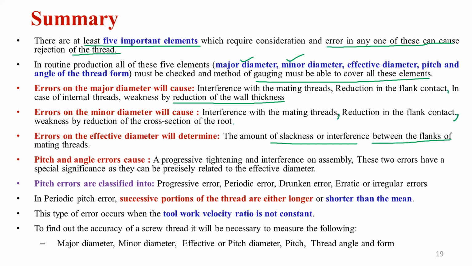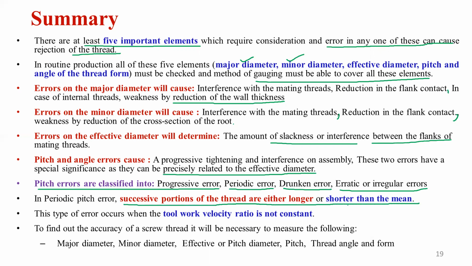These pitch and angle errors have special significance because they are precisely related to the effective diameter. Pitch errors are classified into progressive error, periodic pitch error, drunken error, and erratic or irregular errors. In periodic pitch error, the successive portions of the thread are either longer or shorter than the mean thread length. This error occurs when the tool-work velocity ratio is not constant or uniform.